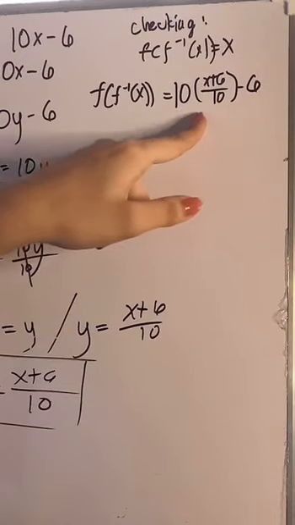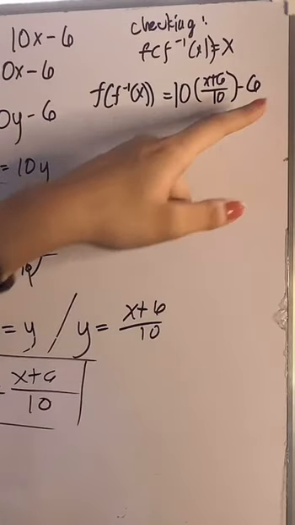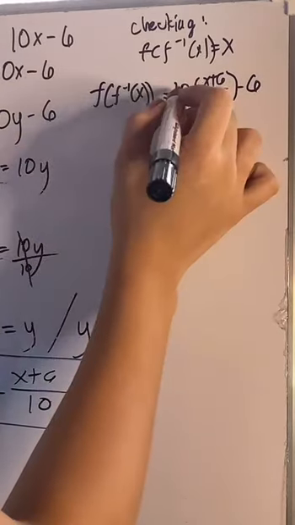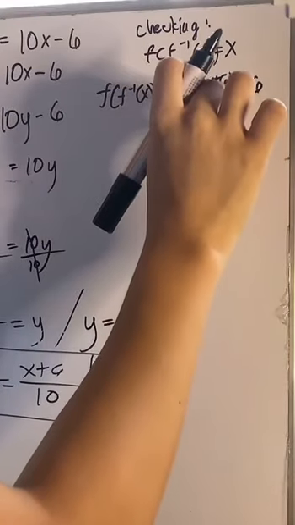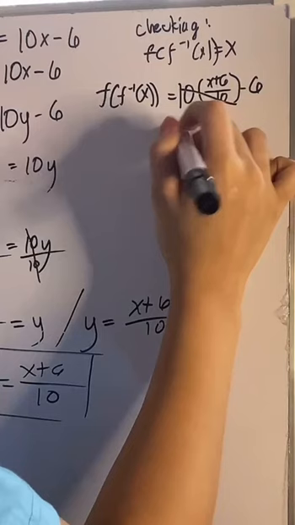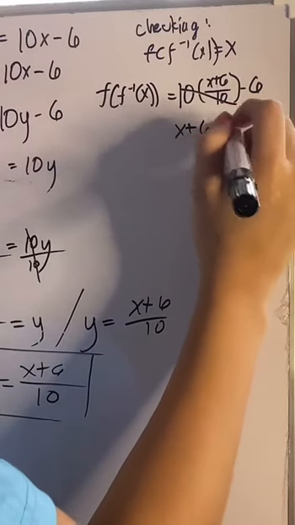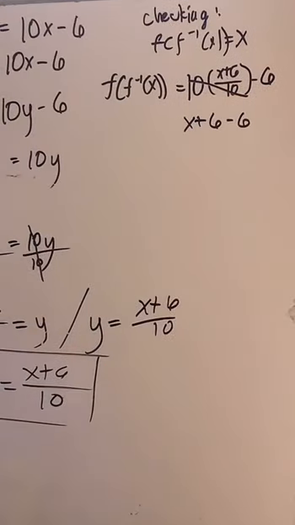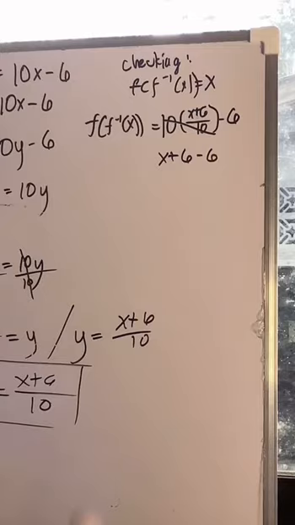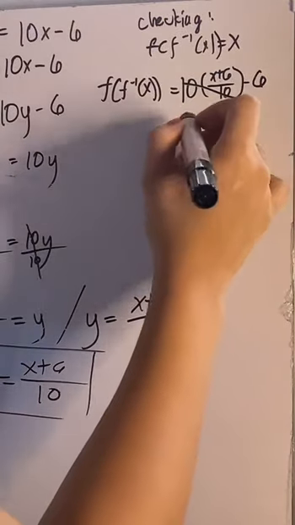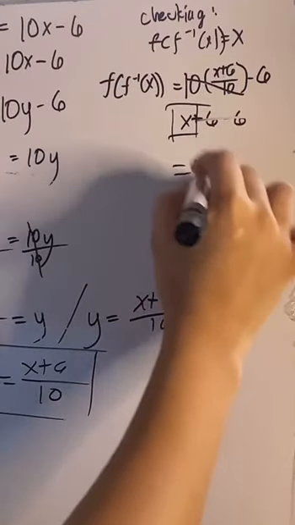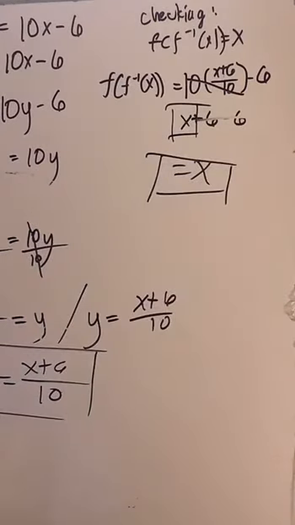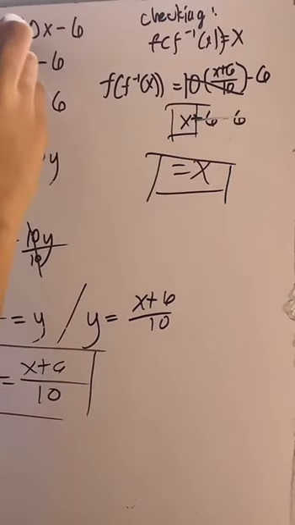As you can see, we have the same number, so we just have to cancel this out. Write down the remaining, which is x plus 6 minus 6. Then 6 minus 6 would be equal to 0. So cancel out, and we have equals x. Therefore, the inverse of our linear function is correct.